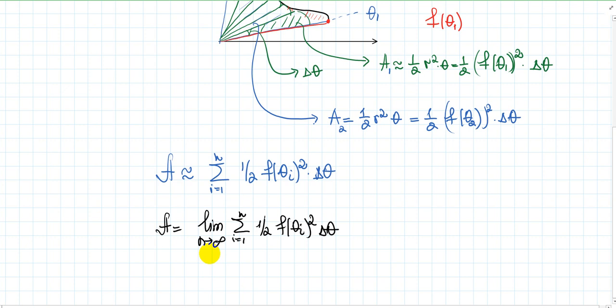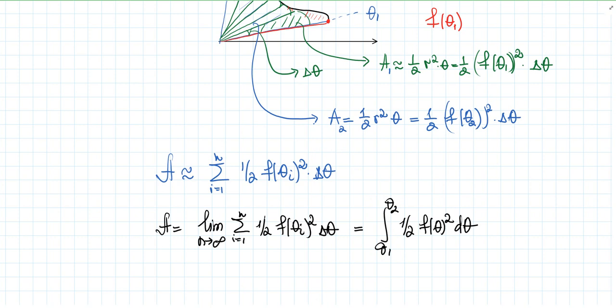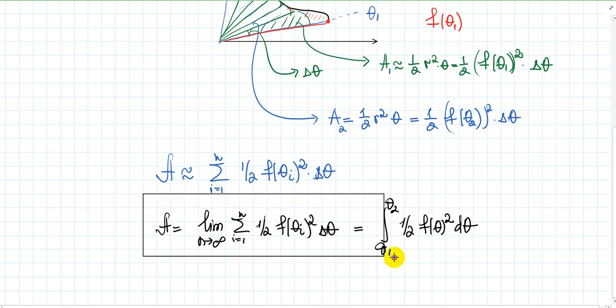But this is nothing else, so I can define this limit using integration. Using the definition of the definite integral, we can write this as the integral of 1/2 f of theta squared d theta from theta 1 to theta 2. Okay? So this is how we find areas in polar coordinates.